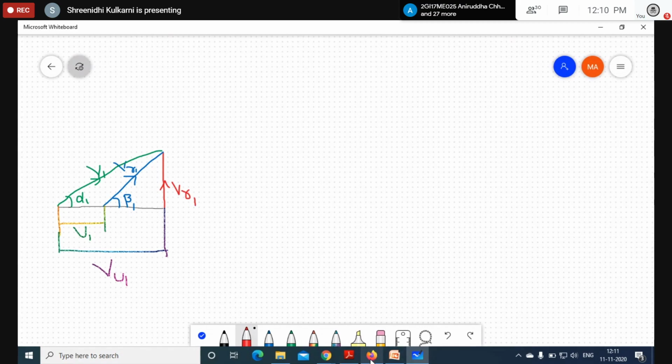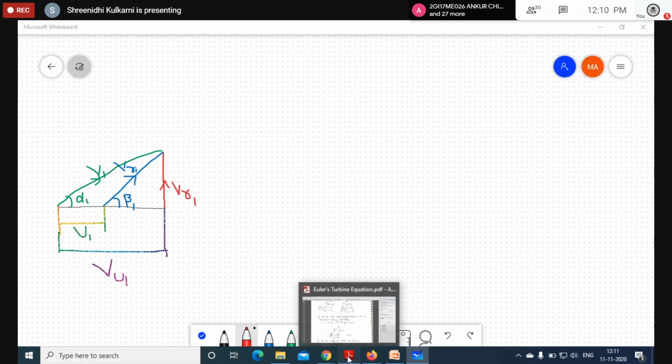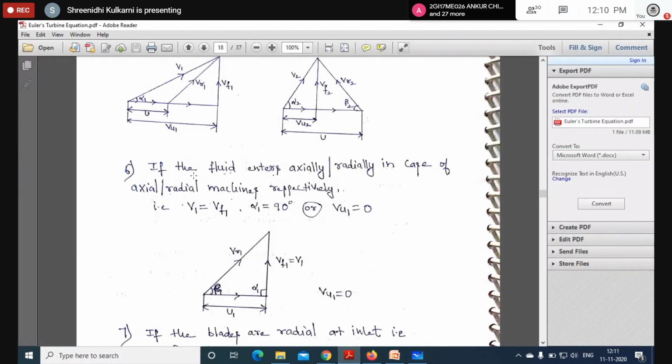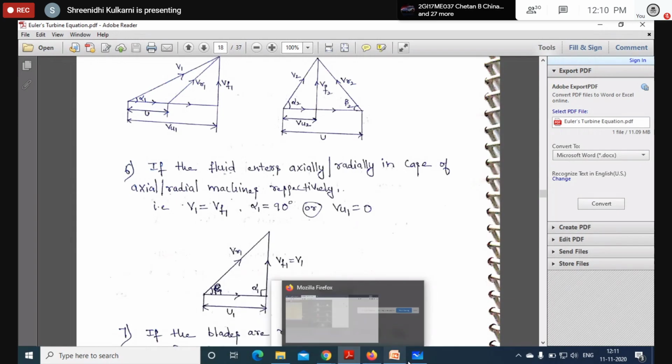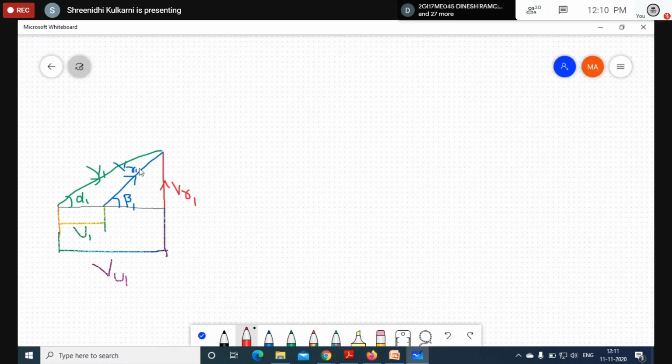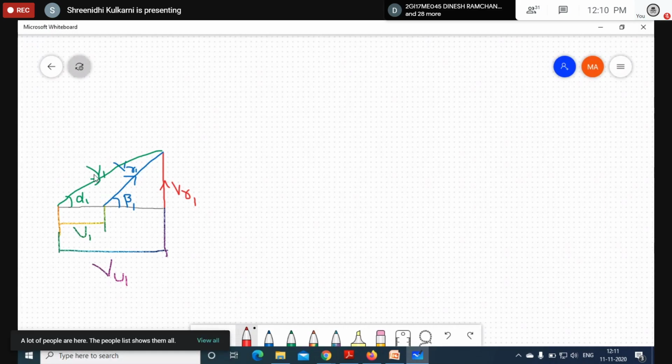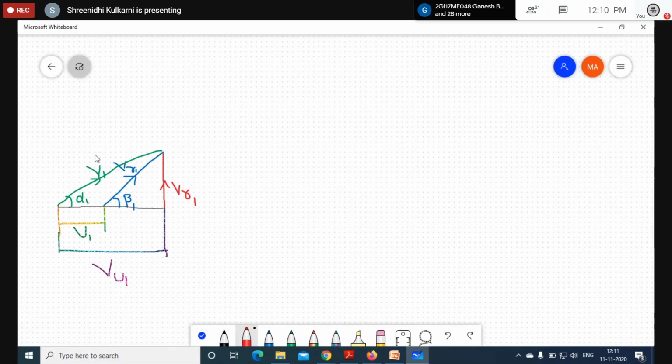What is the condition? The condition they gave: if the fluid enters axially or radially. So the fluid enters means whatever the absolute velocity V1, the fluid is entering axially or radially. Axially or radially is nothing but the flow direction. So once again, as per the condition, I'm going to draw the velocity triangle.